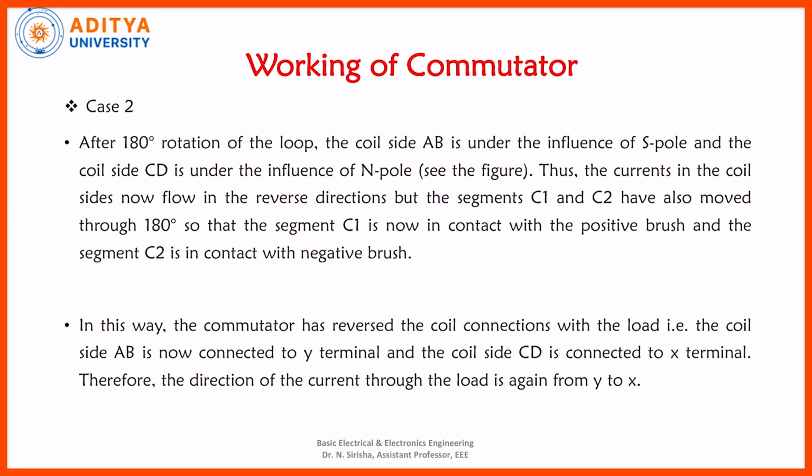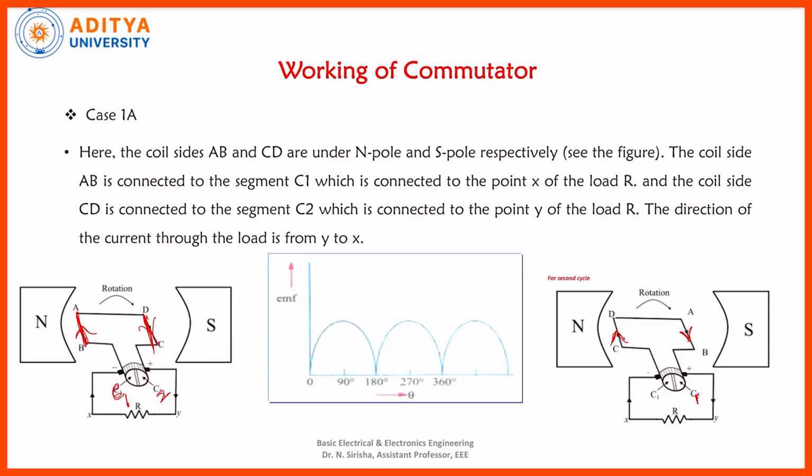Similarly, here C1 will be connected to Y and C2 will be connected to X. Along with the rotation of the rectangular coil AB and CD, the commutator segments also rotate, and C1 will be connected to Y and C2 will be connected to X.